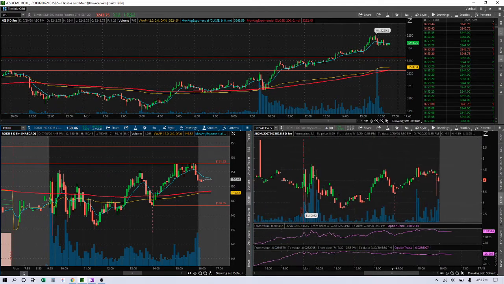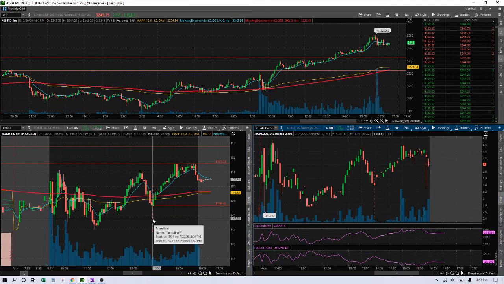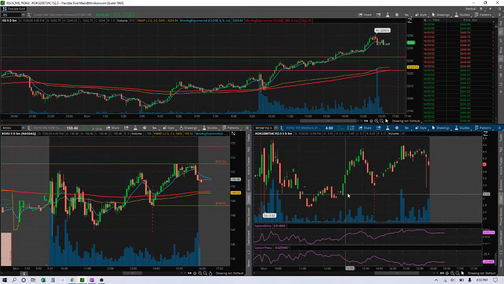So you have to realize that there are a number of things affecting these option contracts. You can see right here this dotted line. This is the same time, 1:55 Eastern time. We have that low at 148.65, and they move together. The stock's moving up, the option contract's moving up.